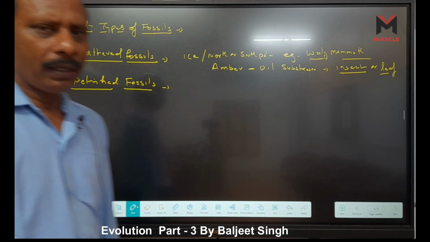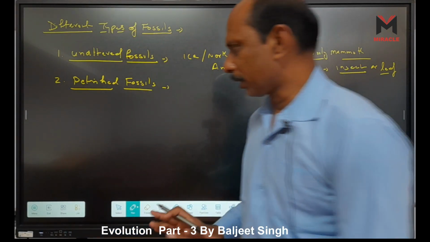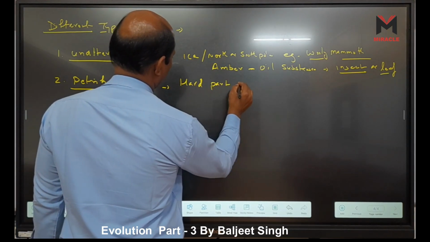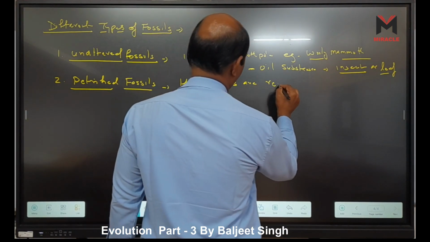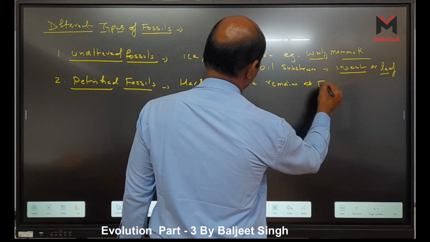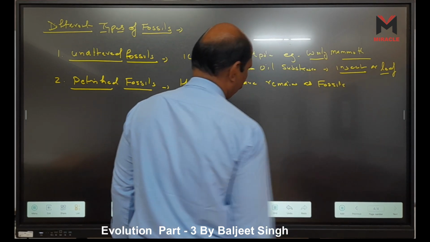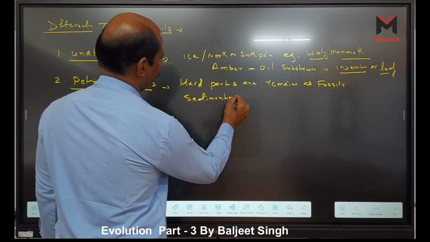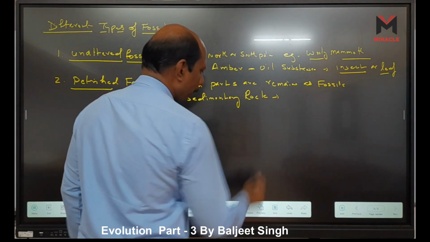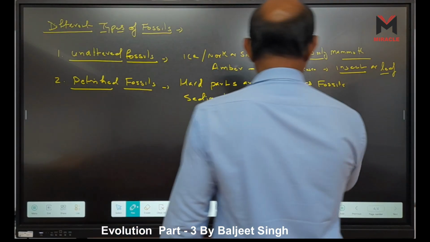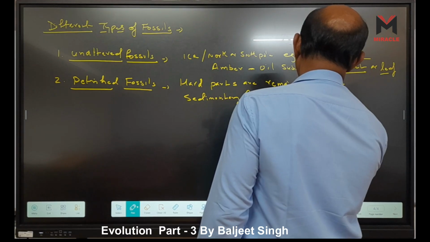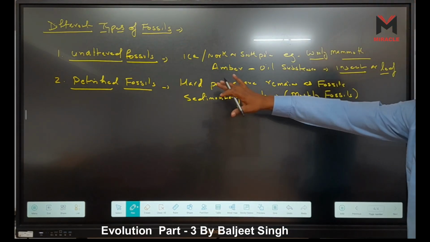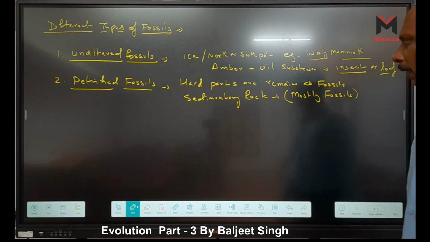Petrified fossils are those fossils in which only the hard parts of the body remain as fossils, and they are present in sedimentary rock. So we can say these are the most evident fossils. Most fossils are in these forms, sedimentary or petrified fossils.